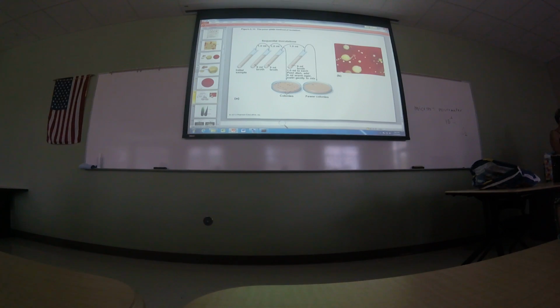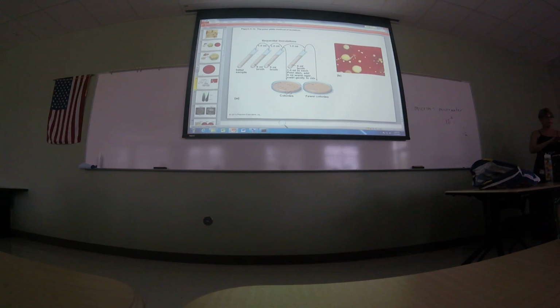All right, we're going to do the pour plate method later in lab, but it's in chapter 6, so I just left it in chapter 6. It's the pour plate method where you get colonies on the surface and colonies down in the agar. Because you're going to mix your bacteria into the agar, and then you're going to pour it in the plate.